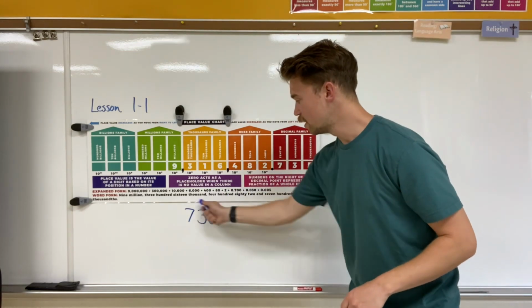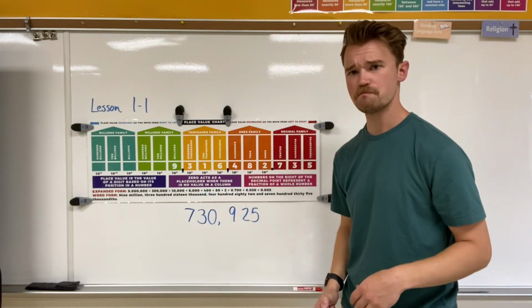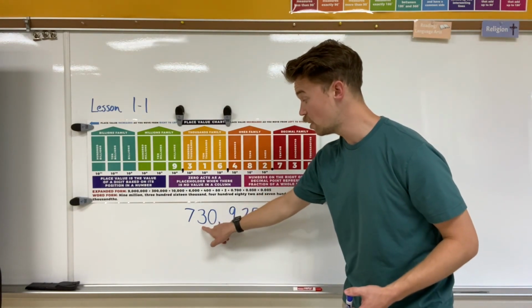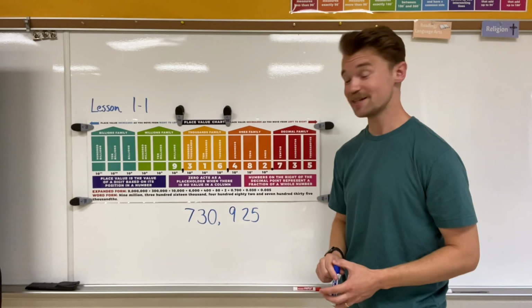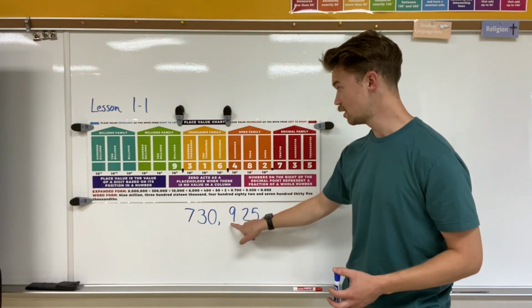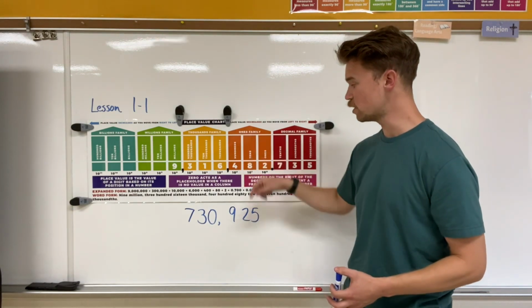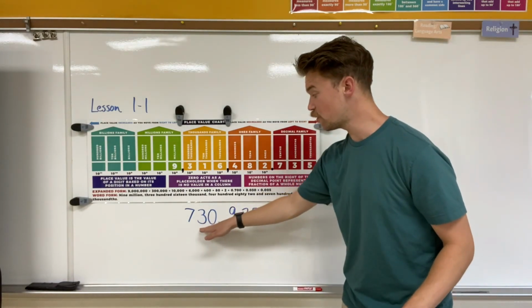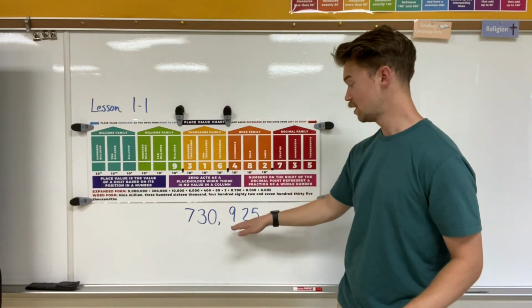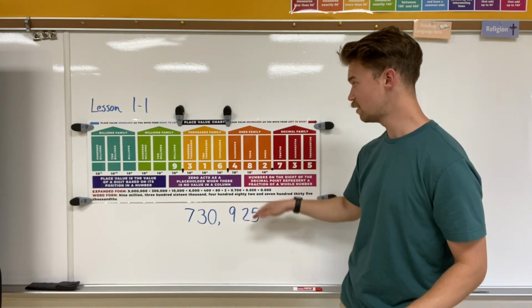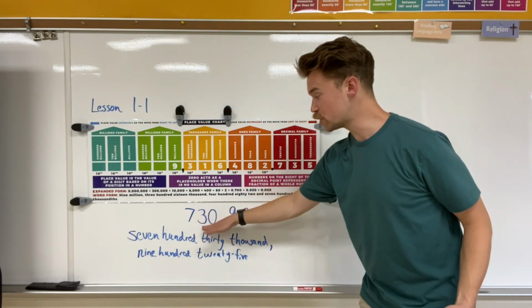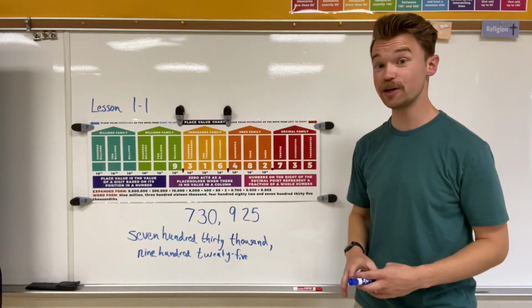I have my 730 right there, under the thousands period, so I'm going to say 730,000. Move on to the next section: 925, and that's in the ones, so I'm just going to read it as 925. Again, 730,925.